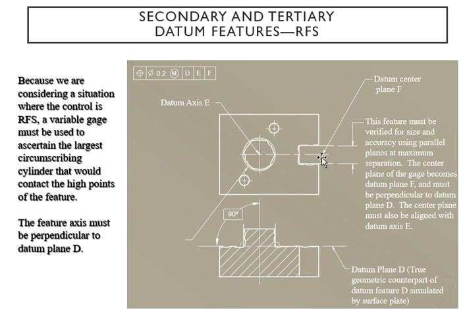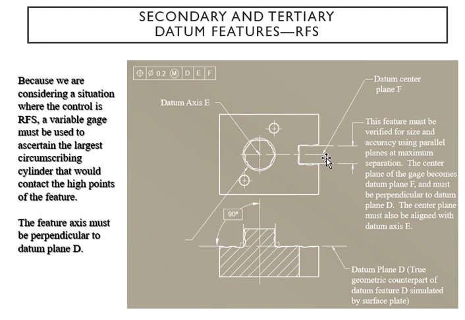So when you look at it here, that's your datum center plane F, and that's your datum axis E, and that's the control frame showing you here, and that E is for the center right there. So that is the feature that has to be verified for that size. And you can use the parallel planes, and that has to be with the maximum separation, don't forget it: external smallest and internal largest.